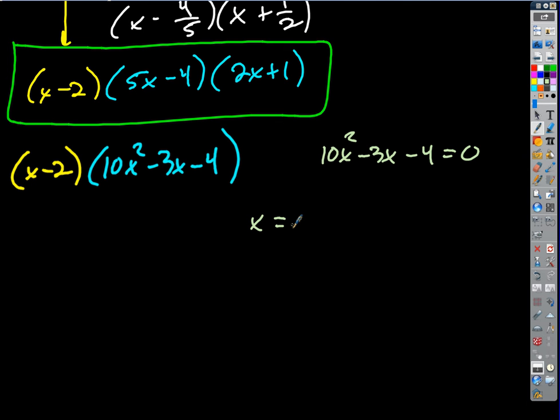Negative b, so positive 3, I'm going to get 3 plus or minus the square root of 169. We get that from negative 3 squared is 9, minus 4 times 10 times negative 4, which is negative 160, but I'm subtracting a negative, so I'm adding it, right? You've got to be careful about that. I've seen people make that mistake a few times.